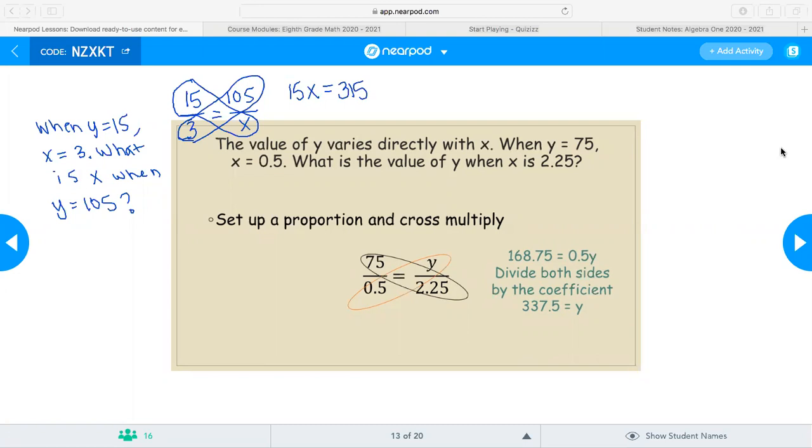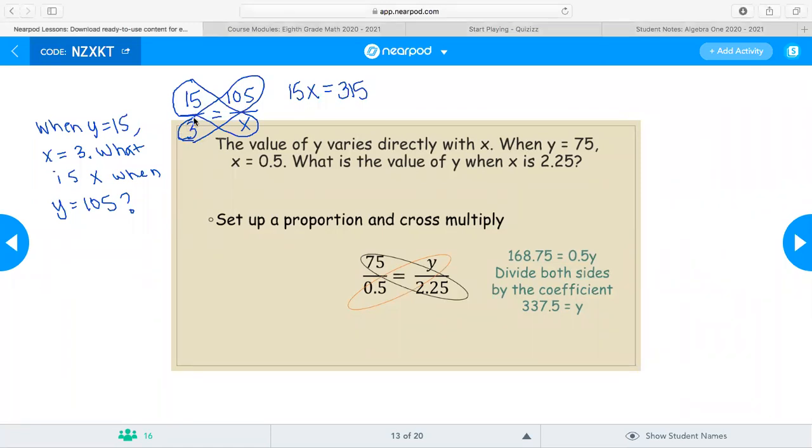One more minute. If you're not on Zoom, that's fine. Just write your answer in your journal. I have a couple of different answers going on in the chat right now. So I haven't finished the problem, but I started the problem. Look at your proportion, make sure it's correct. If Y is on top here, Y needs to be on top here.